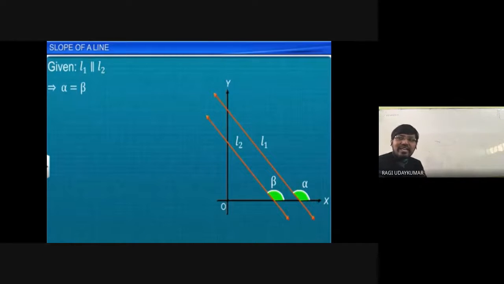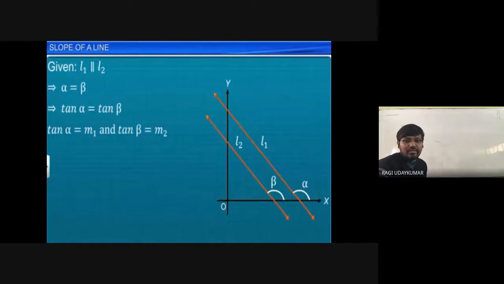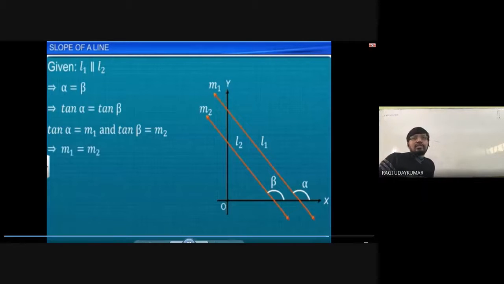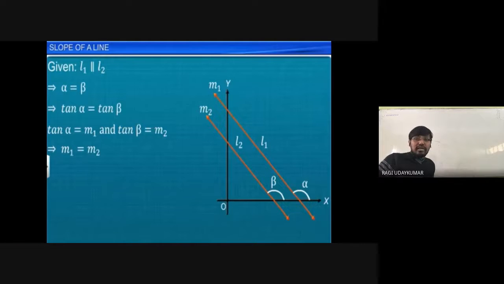And if alpha and beta are equal, then their slopes are equal, because of corresponding angles. So tan alpha is m1 and tan beta is m2. The slope of the first line is m1, the slope of the second line is m2. That means it is clearly said that if the lines are parallel, then their slopes are equal.